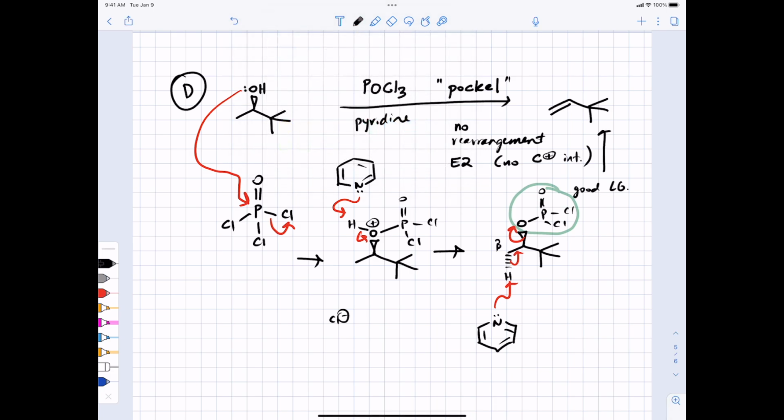Okay? So you're going to need to memorize that POCl3 and pyridine give you the E2 product without carbocation rearrangement. Everything you've learned about the E2 reaction will apply to POCl3 in terms of stereochemistry, the beta proton needing to be anti to the leaving group.